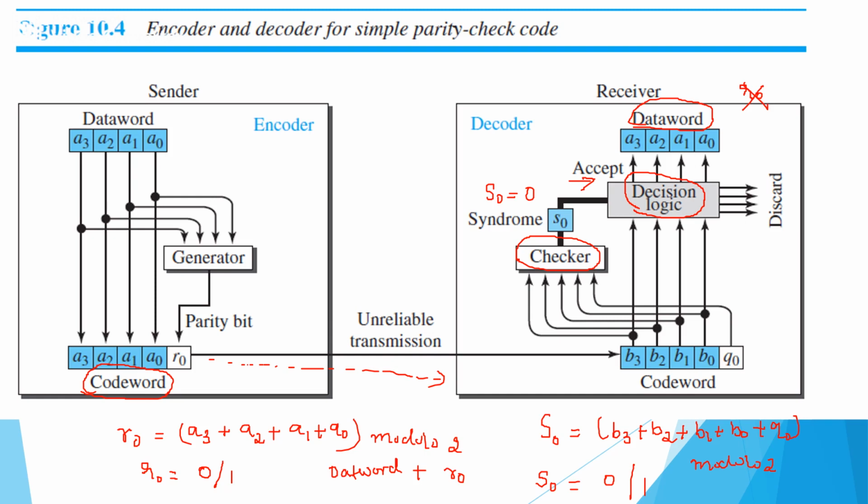If the syndrome generated S is equal to 1, at such instant the decision logic will discard the code word. So it will not create the data word. So this is how the simple parity check code works with the code word and data word along with the parity bit.